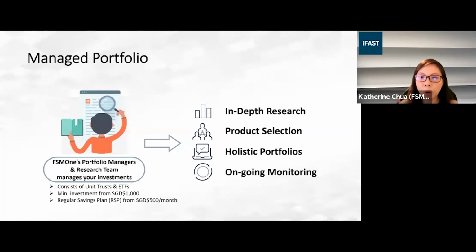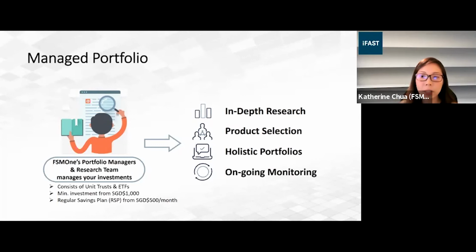There's more research done to back every decision, with a valuation-driven approach, looking at price earnings, price book, and other data. So for investors who do not have time to actively monitor their investments, or who are very new to investing, this is a very quick solution to get started.